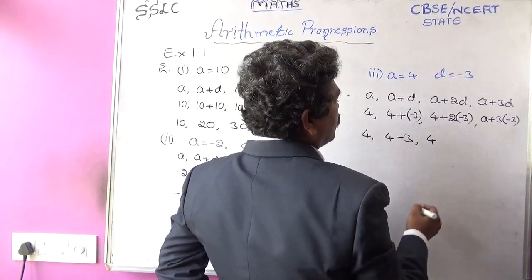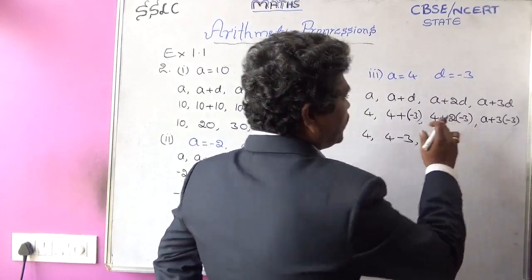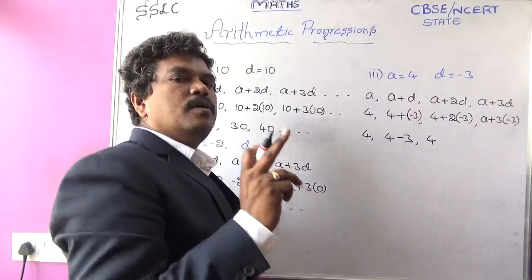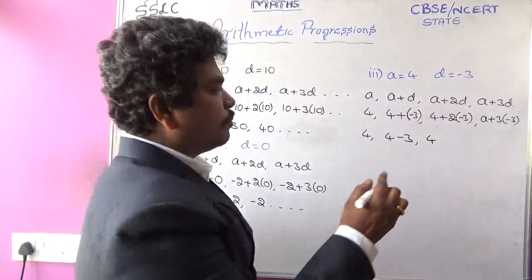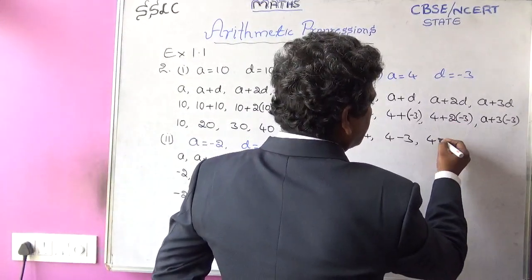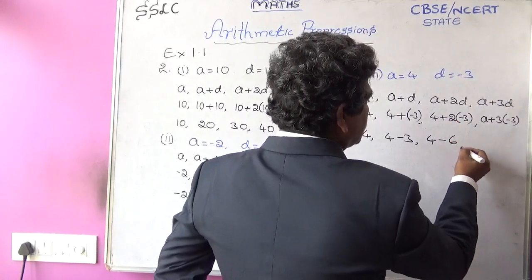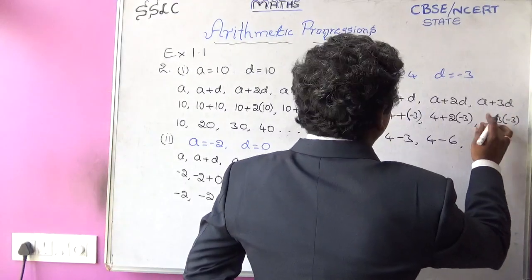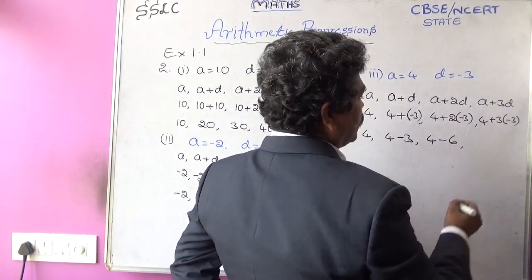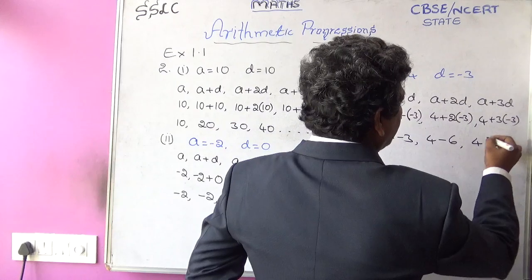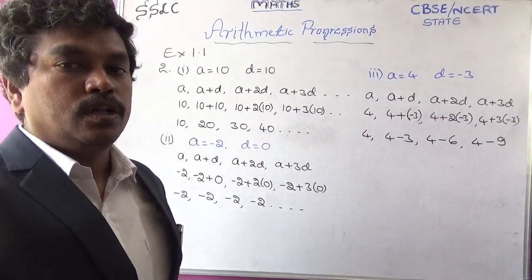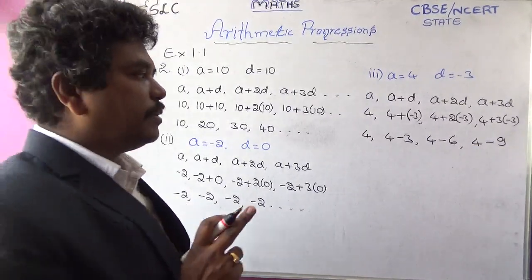Here also 4, and there is a multiplication symbol between the two numbers with symbols, so we multiply the symbols and also the numbers. Plus into minus, minus 2 threes are 6. And then here we substitute the 4: 4 plus into minus, minus 3 threes are 9. So the numbers and symbols both are multiplied there.